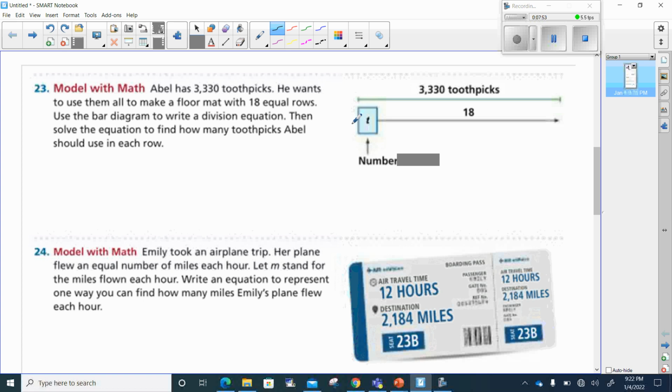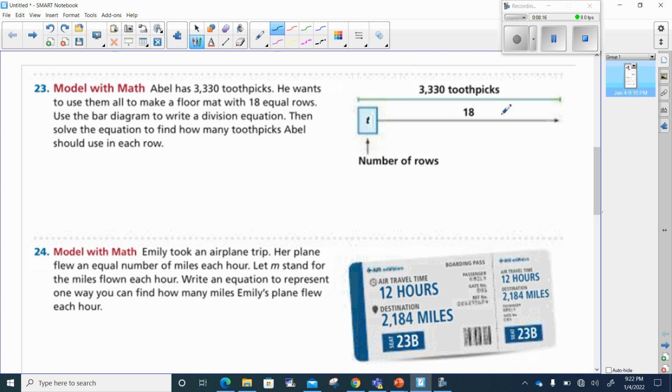Number 23. Abel has 3,330 toothpicks. That's represented here with the amount of toothpicks. He wants to use them all to make a floor mat with 18 equal rows. We know that there's going to be 18. This is the number of rows here.